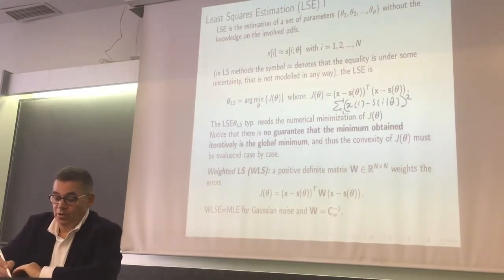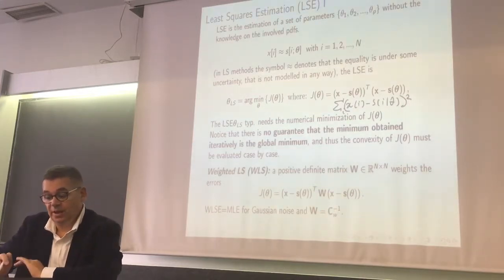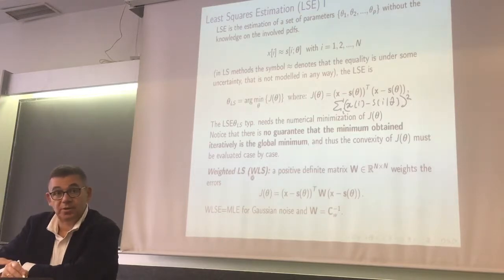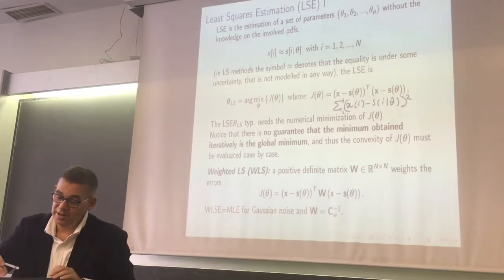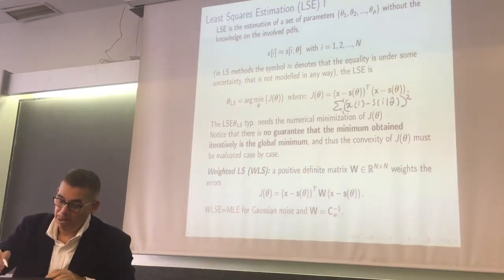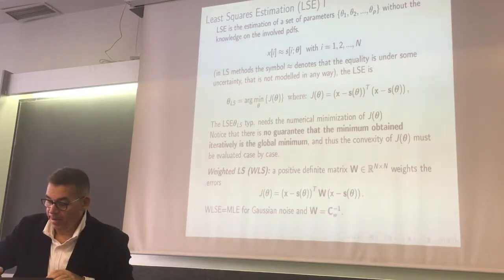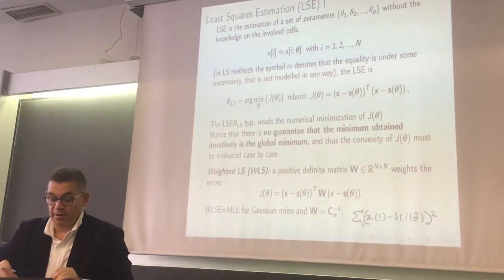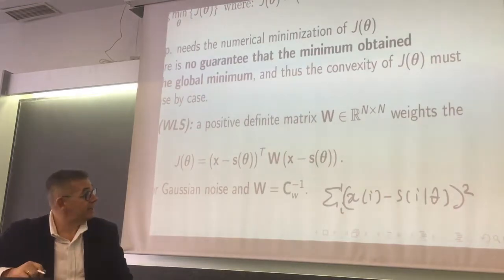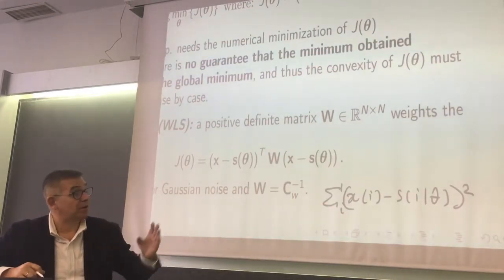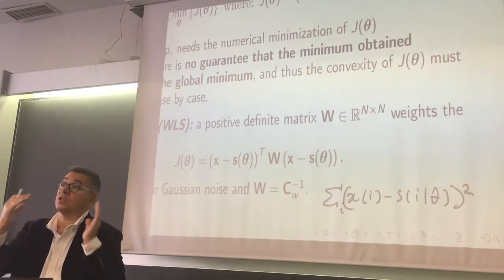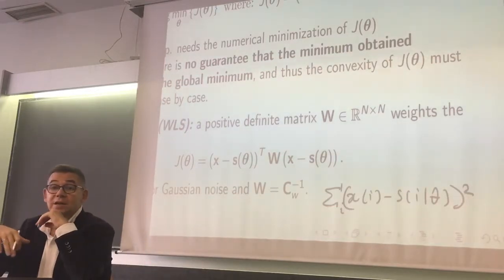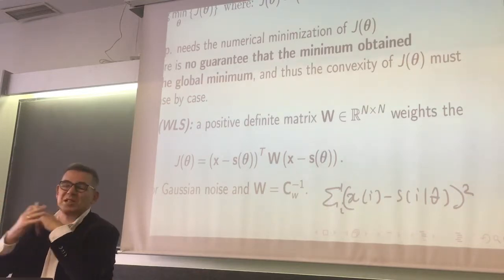Now, an alternative is to use the weighted least square. The weighted least square means that I sum the square of the error, but there might be some samples that are clearly more noisy than others.